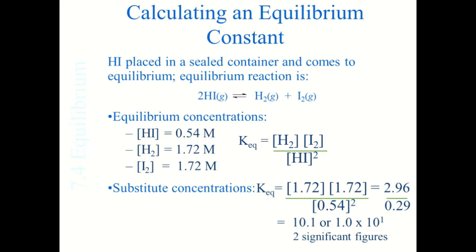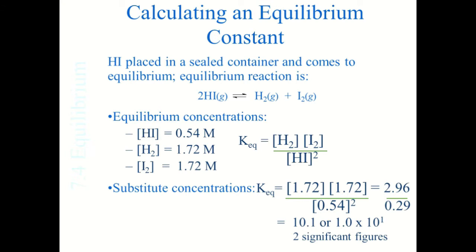So if you set up your Keq correctly, here's my equation: product over reactant, H2, I2 over HI. H2 and I2 have no exponent because the coefficients are 1. HI has a coefficient of 2, so we have to square HI.